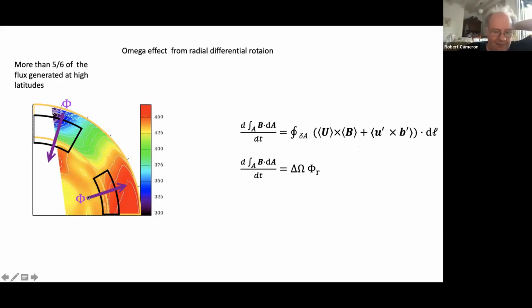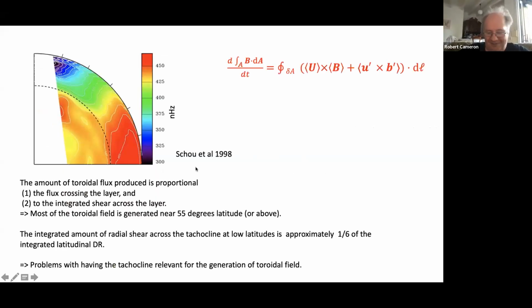You need a radial field. What gets sheared up by the differential rotation is the radial flux. So you need a radial flux which is sheared by the radial differential rotation, and this produces a phi component of the field. And the amount of flux you get produced is proportional to the differential rotation times the flux.